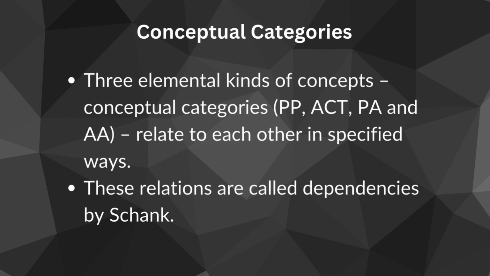Propositional phrases often provide information about the location, direction, time, or manner of an action. Action. This category involves concepts related to actions, events, or activities. Act concepts represent the things that happen or take place in a given scenario.